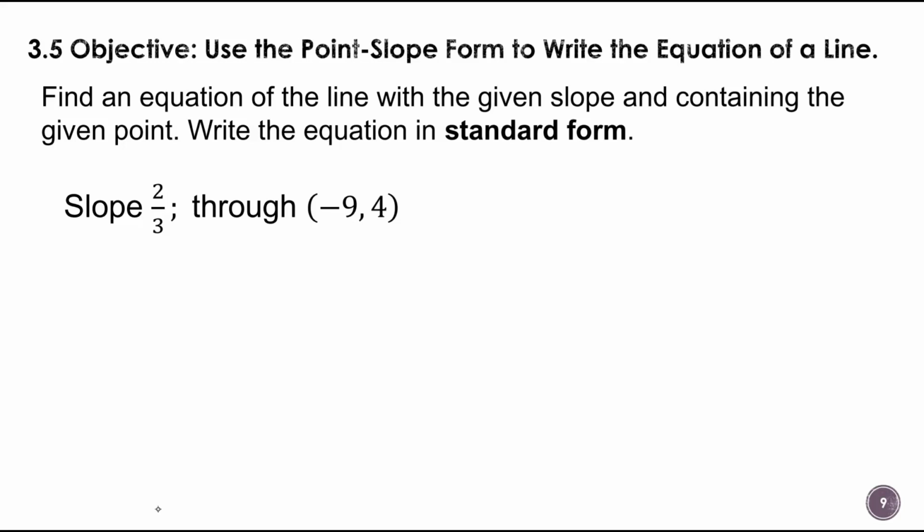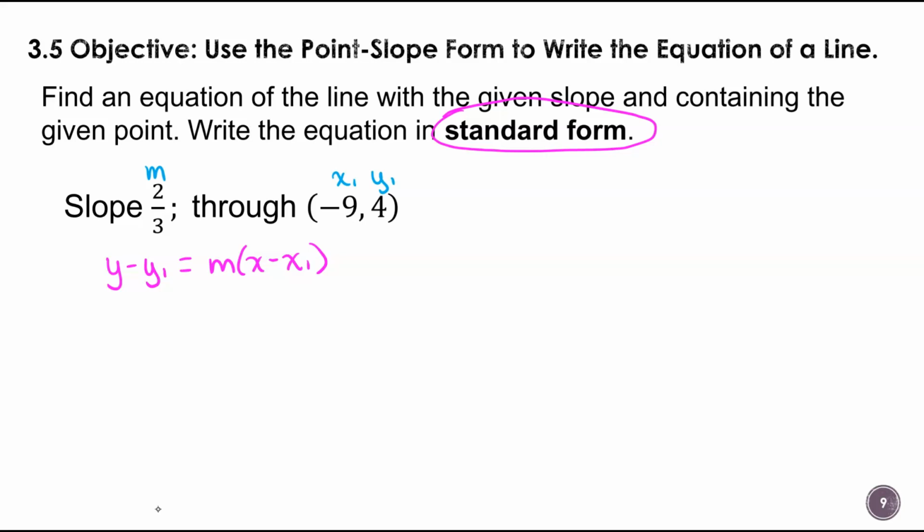Okay, so we're going to use that same point slope formula. I'll write it out here. This time we're going to write our equation in standard form. So we're going to work through this and substitute. This is my x sub 1, that's my y sub 1, here is my m, my slope.